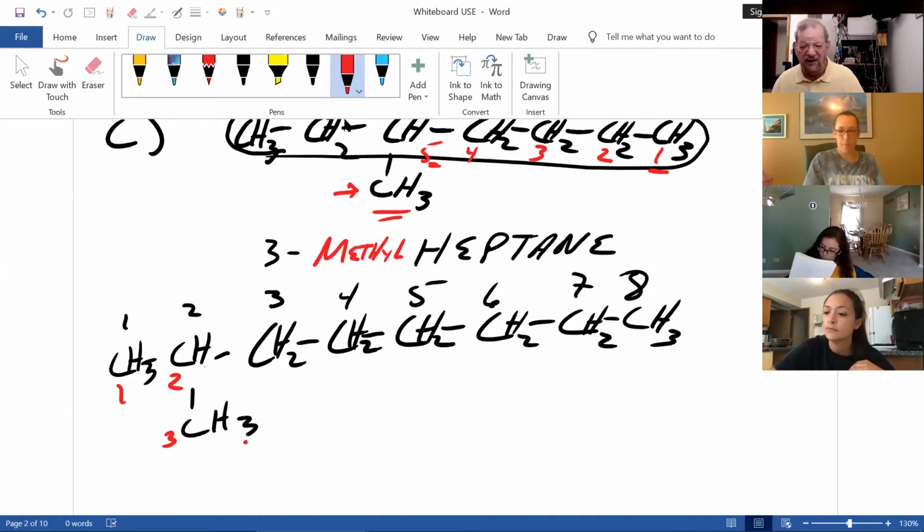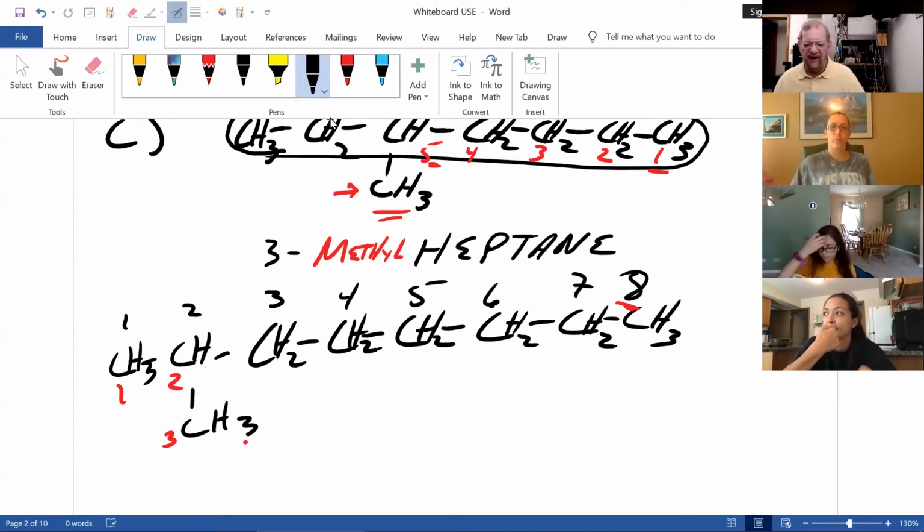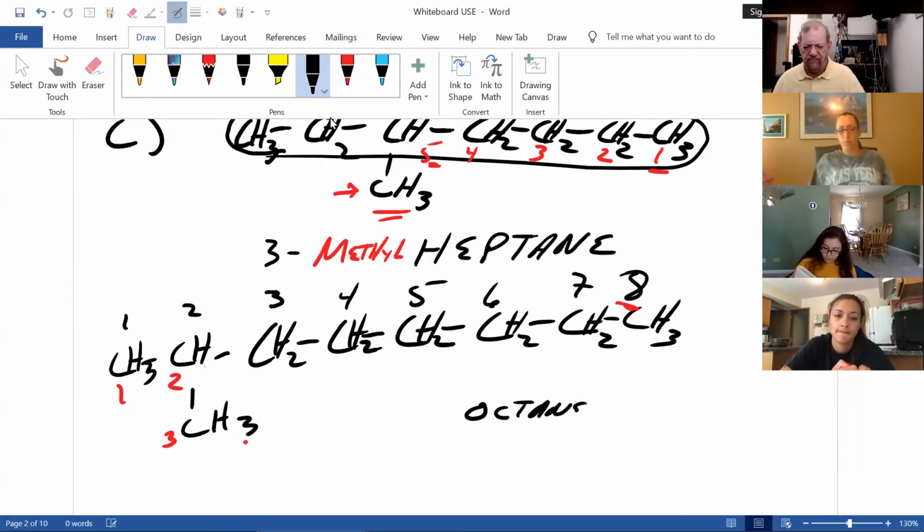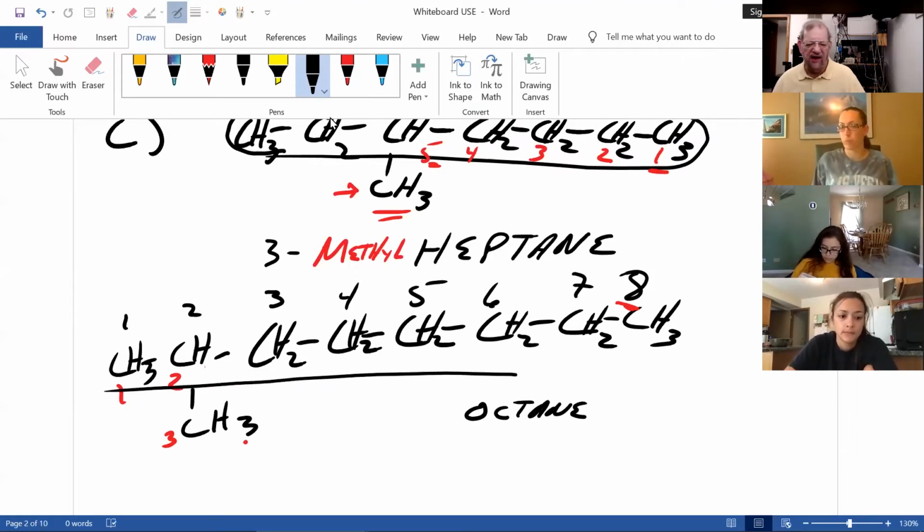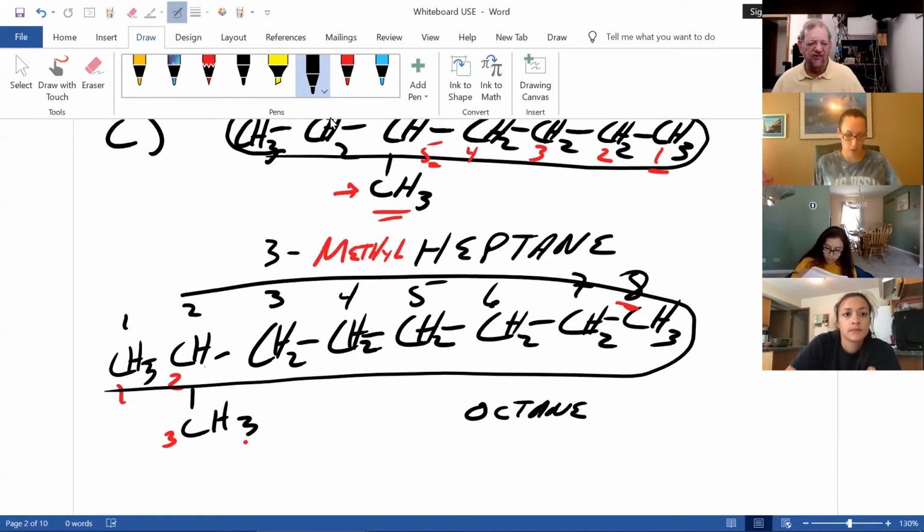I hope you all agree 3 is smaller than 8, so 8 is the longest chain. What's the root name for 8? Octane. As soon as I say that, this is all spoken for. Again, you do not on a test have to put the numbers or circle it. I'm just teaching you how to identify.